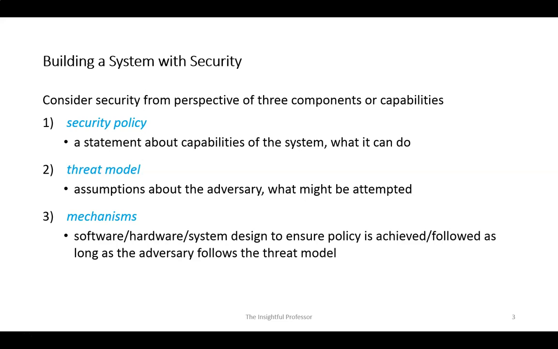So to achieve our goal under a set of assumptions, some mechanism is required that's going to try to make sure our policy is followed, provided the adversary follows the threat model. The result is, if our threat model is correct, and if the mechanism does not fail, we will satisfy our policy.